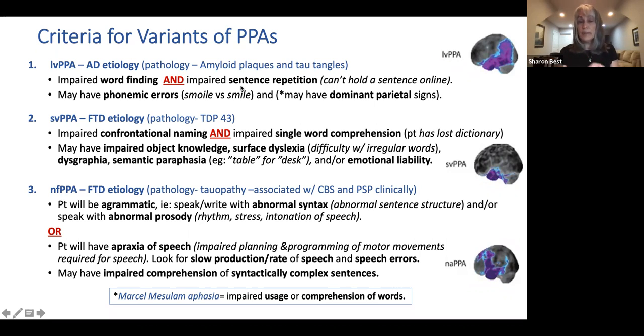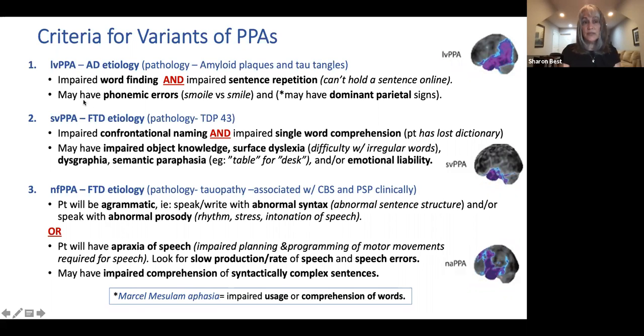However, among the PPAs, the one criterion that would really nail this down is that sentence repetition is impaired. So these patients have an impaired phonological loop, which means when you ask them to repeat a sentence, a normal, healthy person will hear that sentence, say it inside themselves, and then be able to give it back. That goes through a process that we call the phonological loop. So when that loop is impaired, the patient will have a problem doing that.